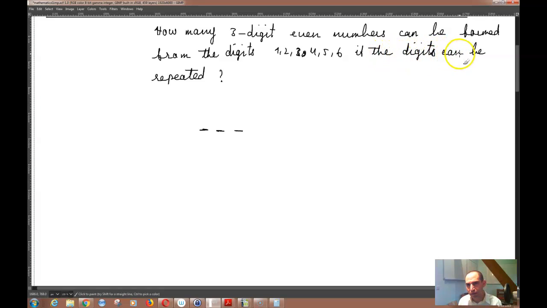So if I start from this placeholder, I have 6 different ways of filling it. Again, repetition allowed, I have another 6 different ways of filling this placeholder. But when it comes to this placeholder, I have only 2, 4, and 6, meaning 3 ways of filling it.